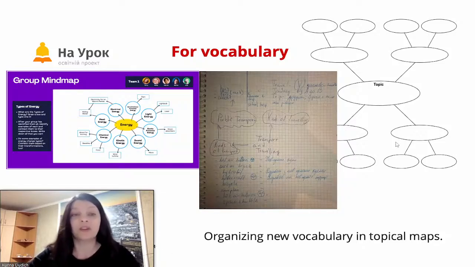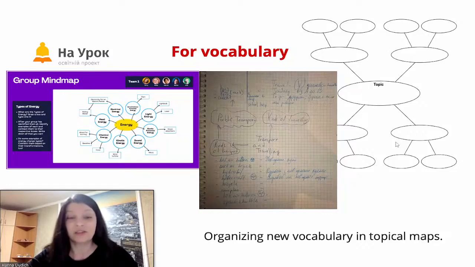So you can see now a group mind map, which can be used for this purpose, from Canva again, or you can see a typical old school paper version of this kind of graphic organizer, where in the middle there would be the topic that you are learning, and then there would be subtopics and then the words.